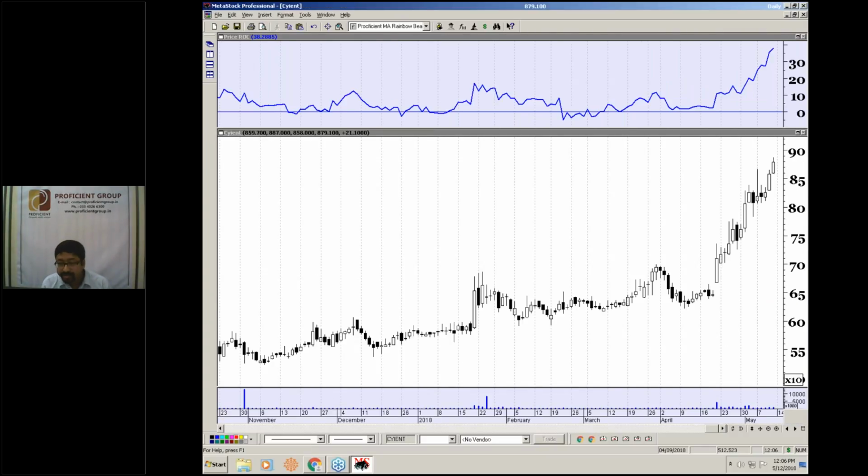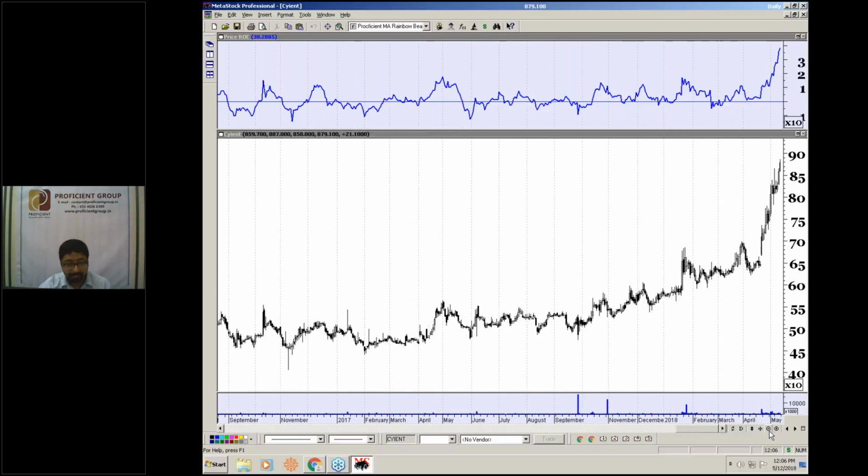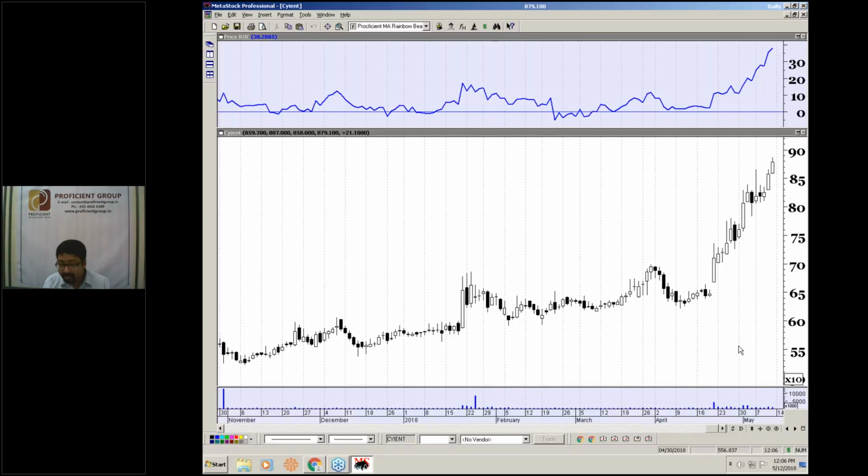Cyient is another favorite stock of mine. Look at the chart. The chart says everything. It does not require any explanation. The trend is up, up, up, up, and going. And in the third week of April, it has really gained momentum after a big breakout gap.